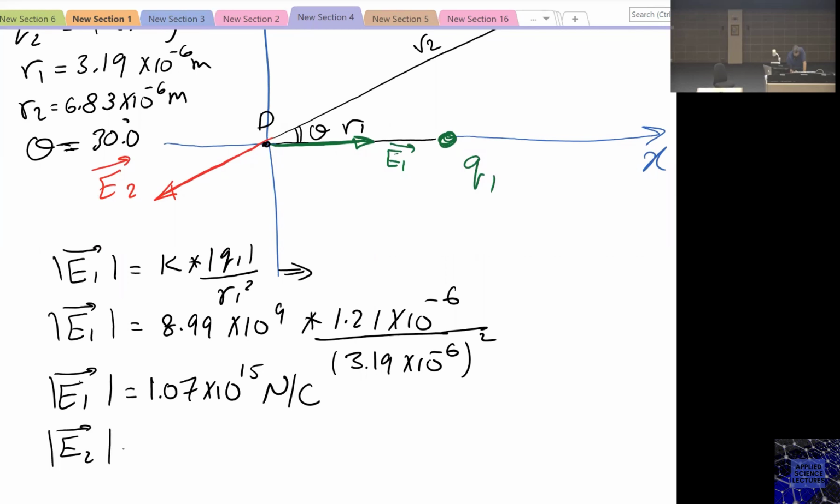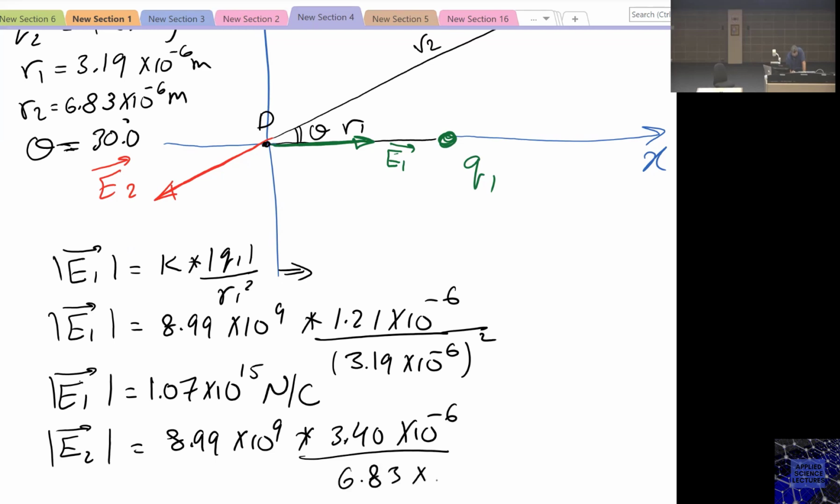E2 magnitude is 8.99 10 to the power 9 times the Q2 magnitude, which is 3.40 10 to the power minus 6, that's a microcoulomb, divided by R2 squared, which is 6.83 10 to the power minus 6 squared.